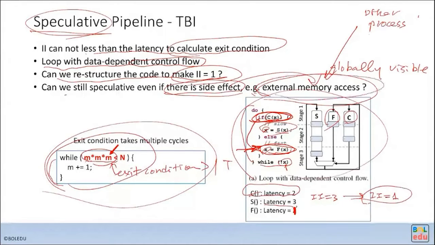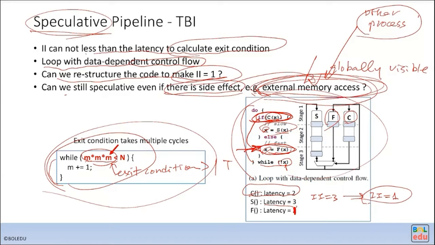In that case, you could not recover, because you don't know how these things propagate and how much they influence or affect. So you update global memory so that other processes will see it. Once you reach this point, it could not be recovered when you make the wrong speculation.